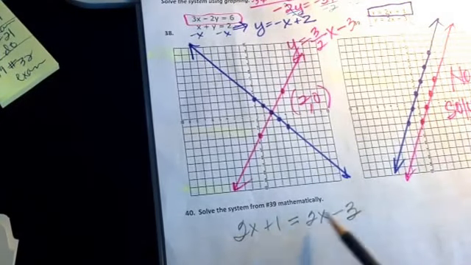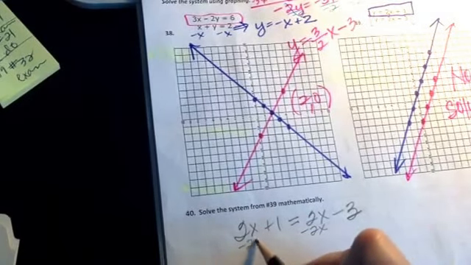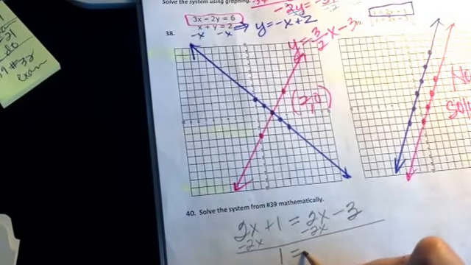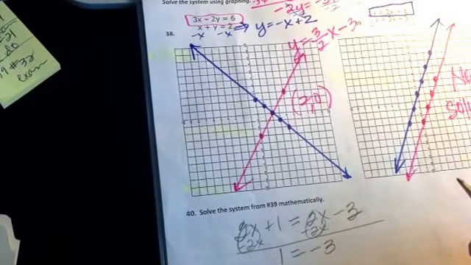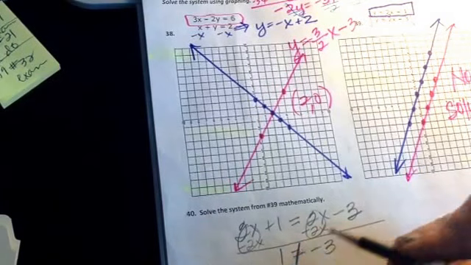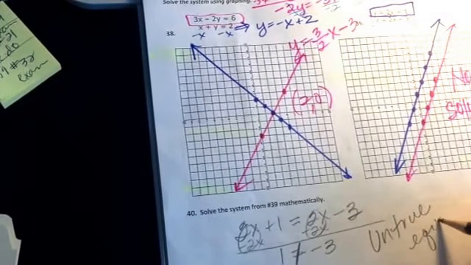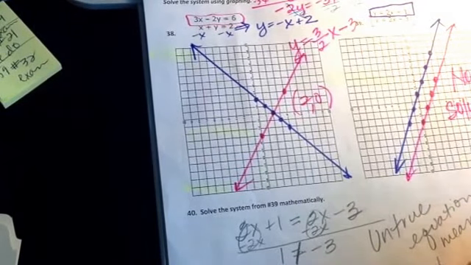I expect this to be a little funky. This is what we see. An untrue equation means there's no solution.